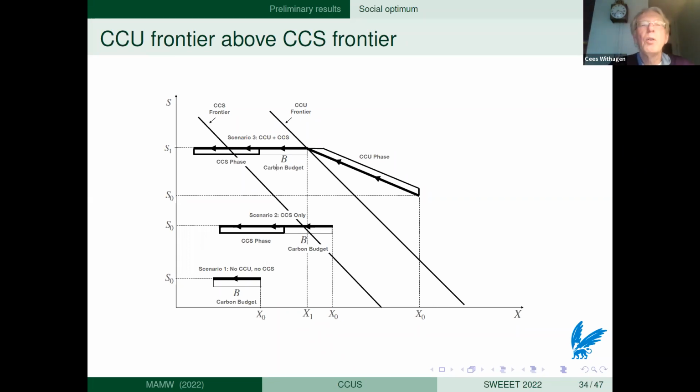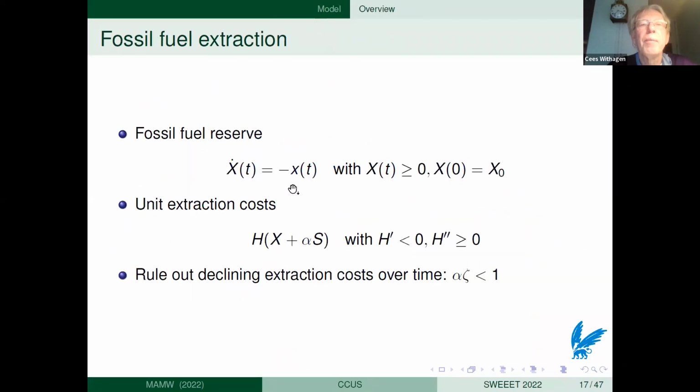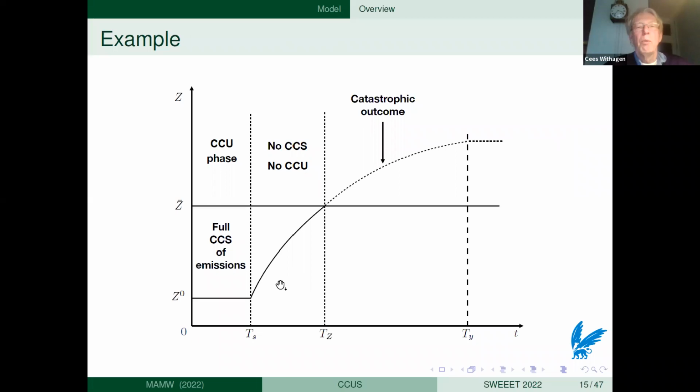So what we can do, if you go back to this picture here, we can assume that Ts is equal to 0, and also that Ty minus Tz is equal to 0. So it means that we are not going to use CCU, and we are not going to use CCS. So for what stocks is that an optimum?